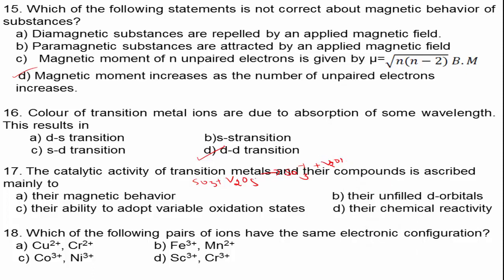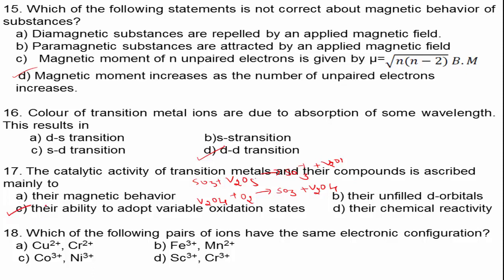Next, when V2O4 is treated with O2, you get V2O5 back. If you know this concept, then definitely the correct answer for this question is C.